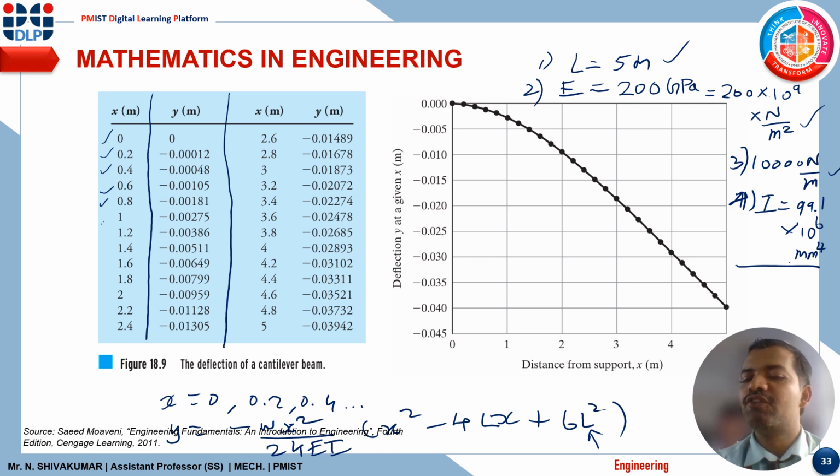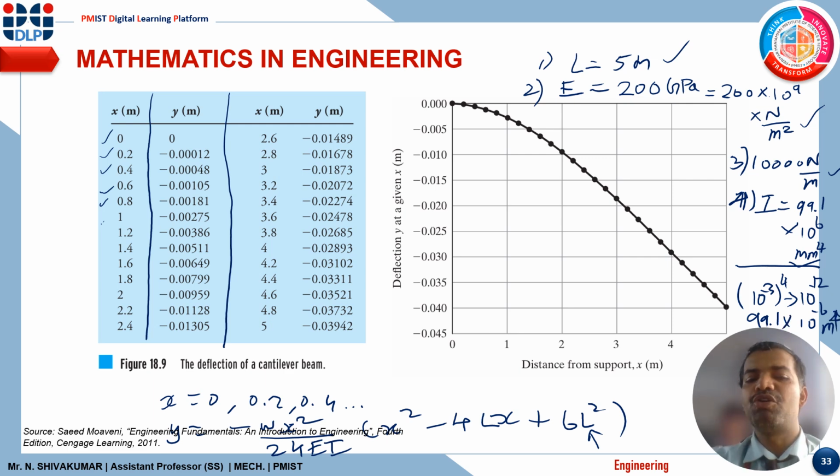The only difference is this is in millimeter power 4. Okay. So milli means 10 power minus 3. Power 4, it becomes 4 into minus 3 becomes 12. So it is 10 power minus 12. Multiply this 10 power 6 into 10 power minus 12. It becomes 10 power minus 6 meter power 4. 99.1 into 10 power minus 6 meter power 4.